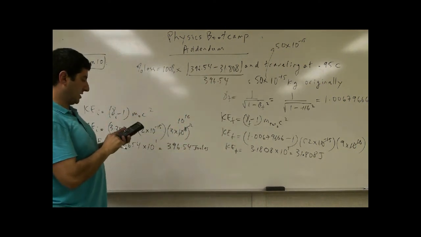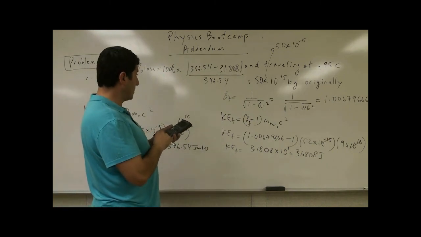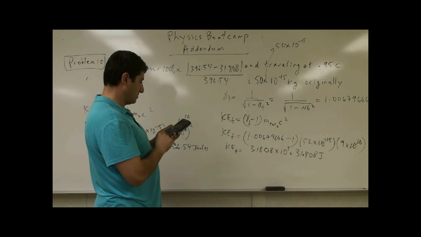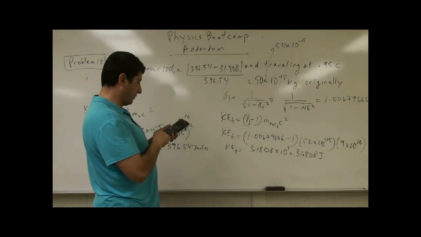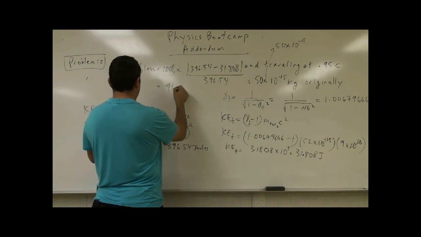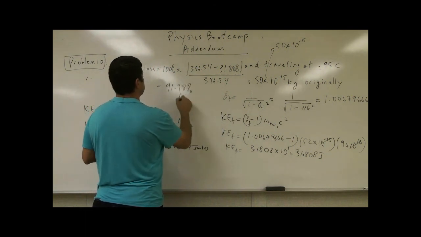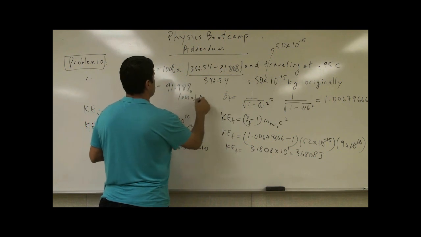Okay, 396.54 minus 31.808 divided by 396.54 times 100. So it's equal to 91.98% loss of kinetic energy.